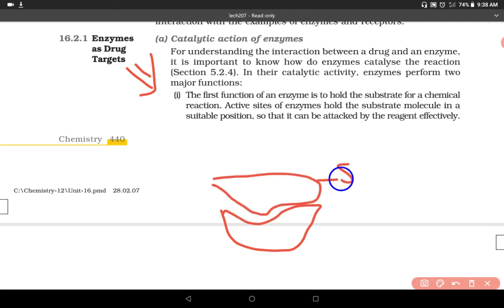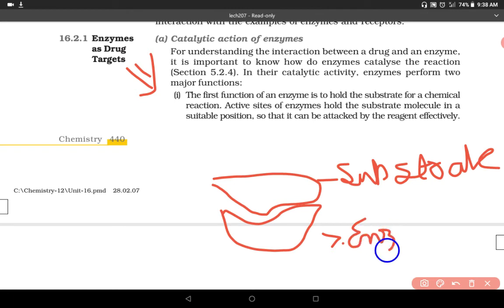This is the substrate, and this is the enzyme. The enzyme holds the substrate molecule. Here there is the active site of the enzyme. Active sites of the enzyme hold the substrate molecule here and also here.